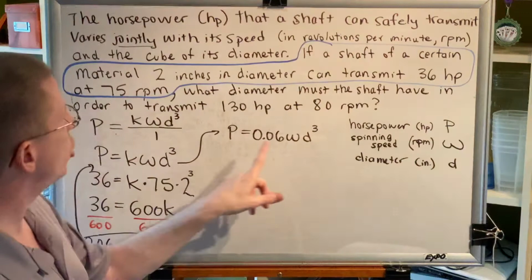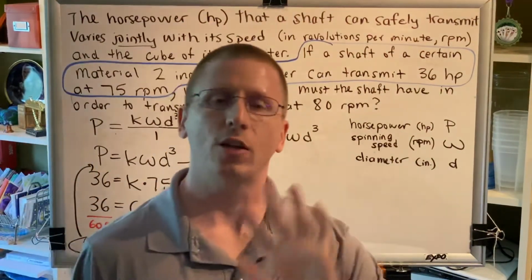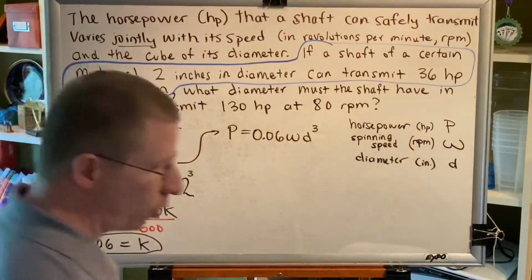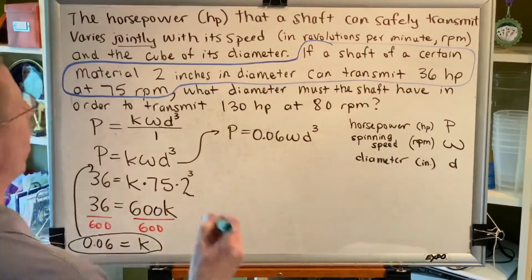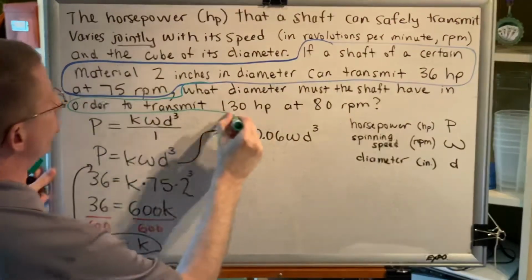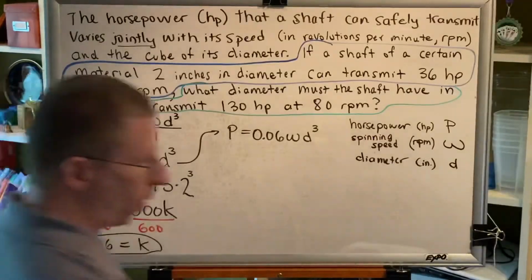Okay, this is our equation that we can use to predict the future. If somebody gives me two of these three variable values, then I can predict what the third variable value must be. Which brings us to our last sentence. What diameter must the shaft have in order to transmit 130 horsepower at 80 revolutions per minute?